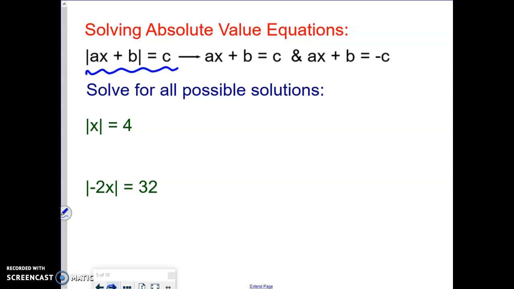To solve it, we split it up into 2 different things because what we're saying is that ax plus b, what's inside the absolute values, could be equal to a positive c, or that ax plus b could be equal to a negative c. Those are the 2 options. Thinking about, again, that distance from 0, there's always 2 options as far as how that distance is.